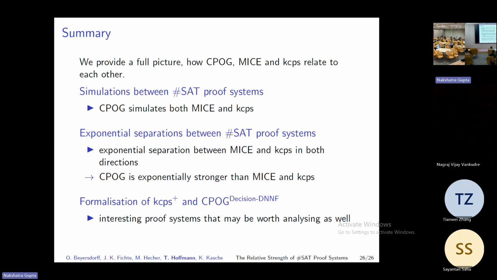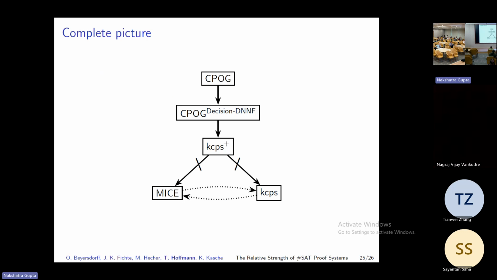And yeah, so here's a summary again of what we have done, but I think it was already shown in the picture before. Maybe one last thing: these two proof systems that we formalized here might be interesting to look at for further research. KCPS has this weakness that it is just regular resolution, so this might be not too interesting, and this is a very natural extension of it.